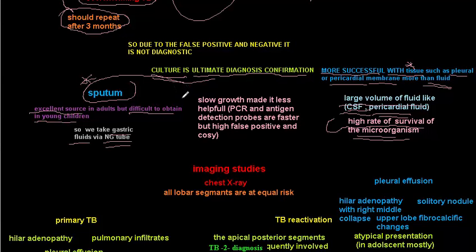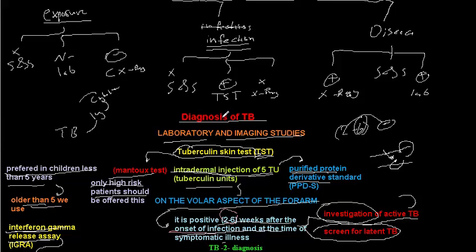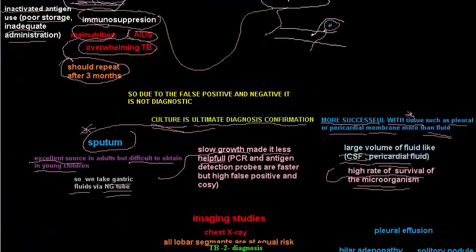But the bad thing about the culture that I've mentioned is it has slow growth, and this makes it less helpful in active cases or in dangerous situations. So we have to apply the tuberculin skin test, as I told you, in high risk patients, it is very beneficial, okay.